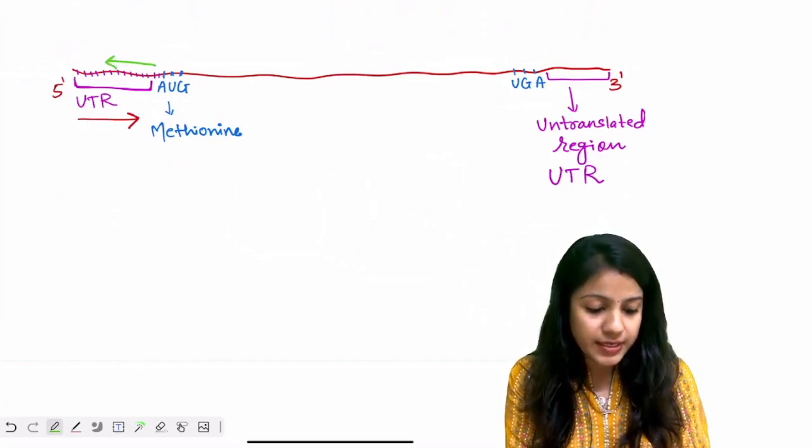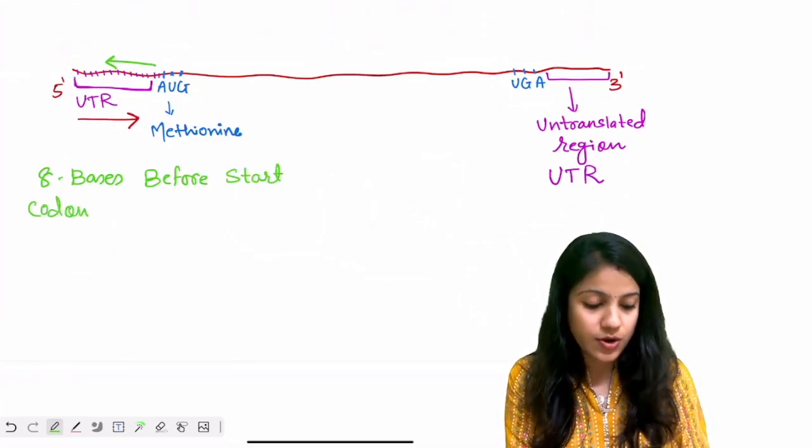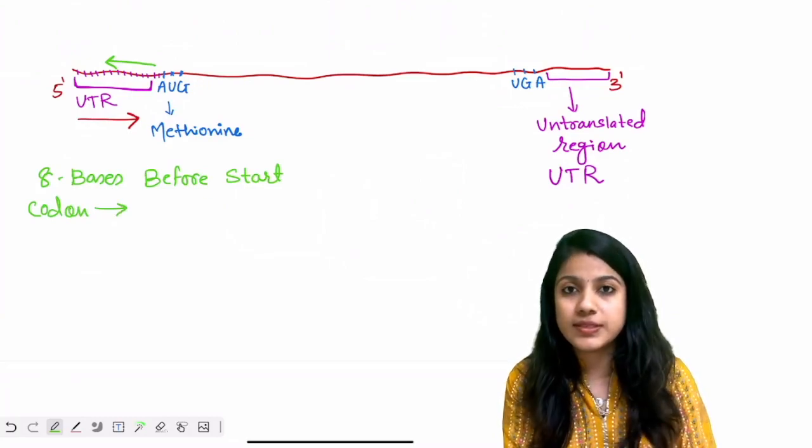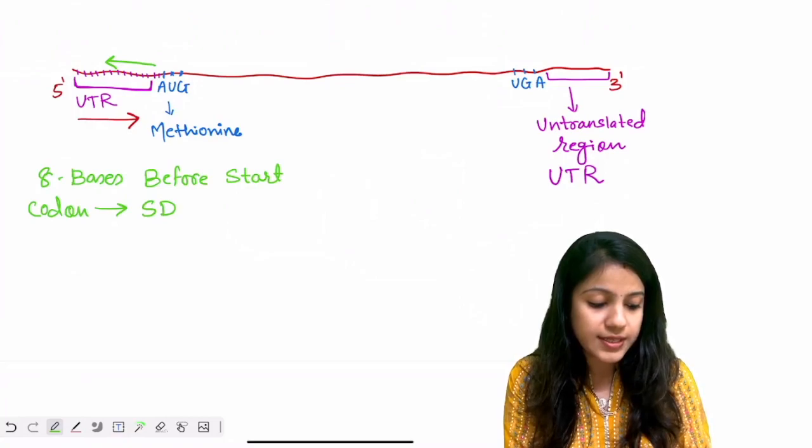Remember, 8 bases before the start codon, there are sequences which are present. Those sequences are called SD sequences.